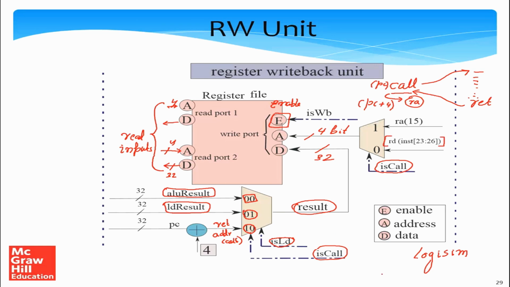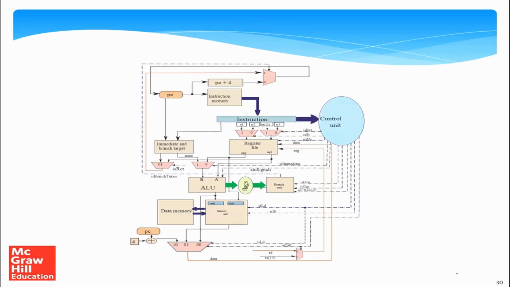That is one option, and those who know hardware description languages such as Verilog and VHDL can also implement it. You will find a Logisim model of this processor and a Verilog and VHDL model of this processor on the course website, and that can be a good starting point.